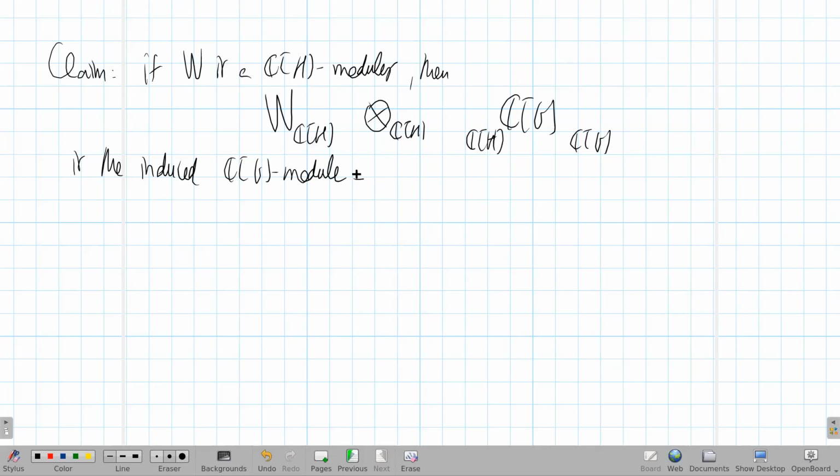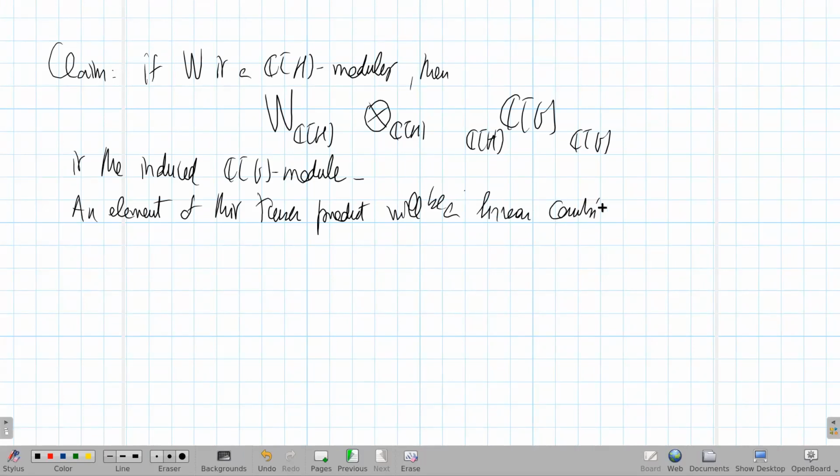All right, so an element of this tensor product will be a linear combination of elements of the form, well, you are used to the fact that in a tensor product, for instance, of vector spaces, not all elements are simple tensors.